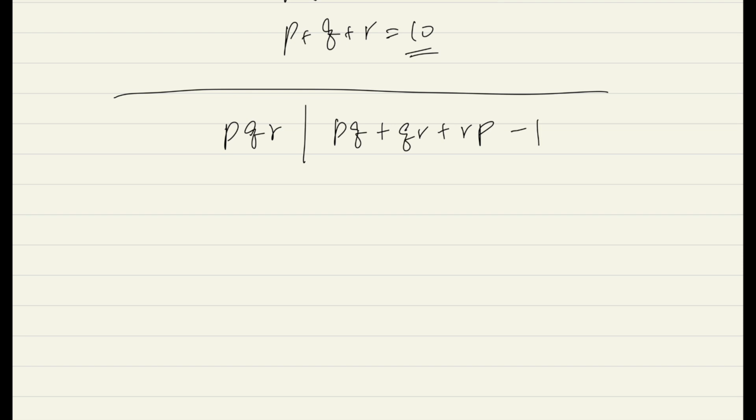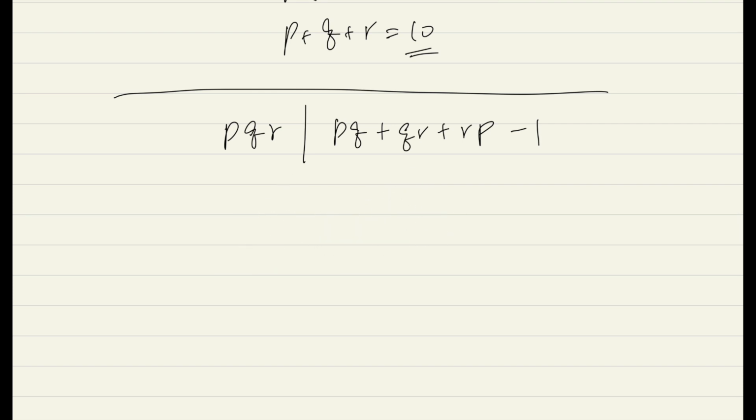We use this notation. For example, 3 divides 6, or 6 is divisible by 3, and 5 divides 10, meaning 10 is divisible by 5. 10 equals 5 times 2, and 10 divided by 5 equals 2. This is the notation, just a straight line.